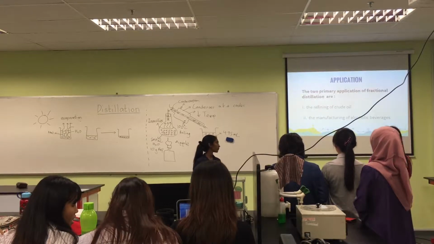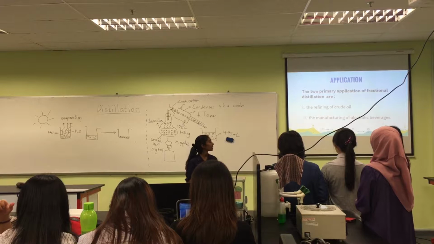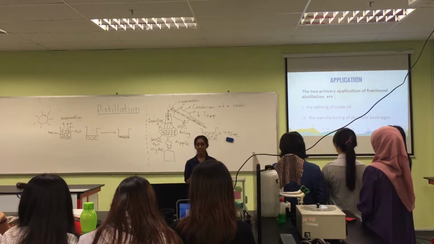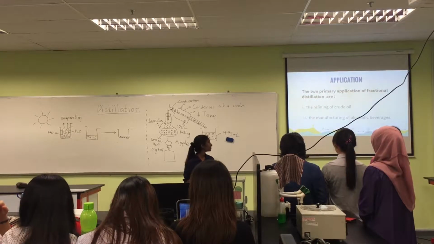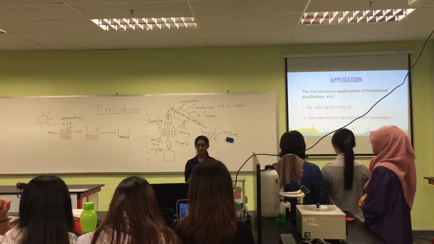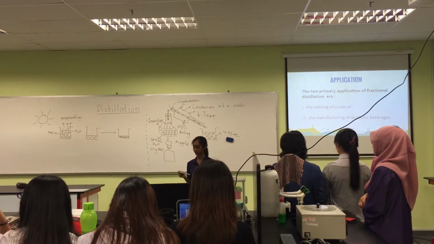An example of the manufacturing of alcoholic beverages is the production of whiskey. To make whiskey, barley is soaked in water, and after a series of processes, it forms a sugar solution.